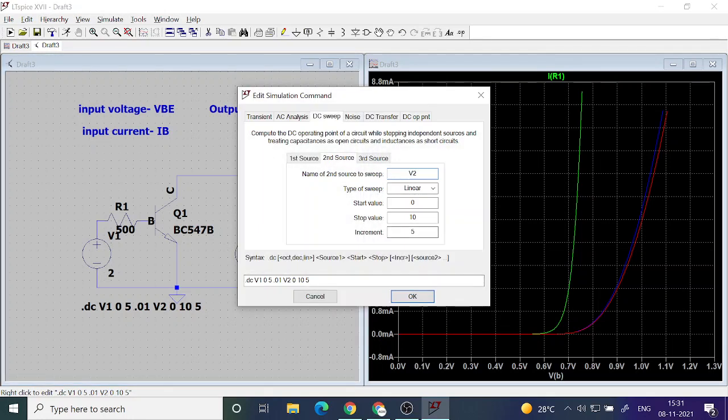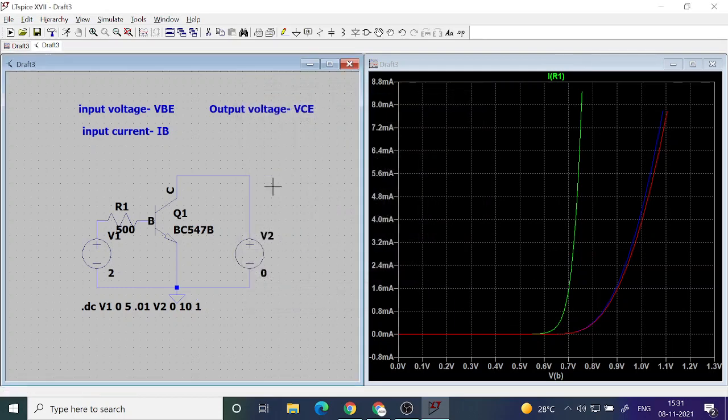Instead of steps of 5, let's put steps of 1. Then you will see more fine detail. What you see is that only one curve is very different from the other curves, and that is the case of voltage 0.